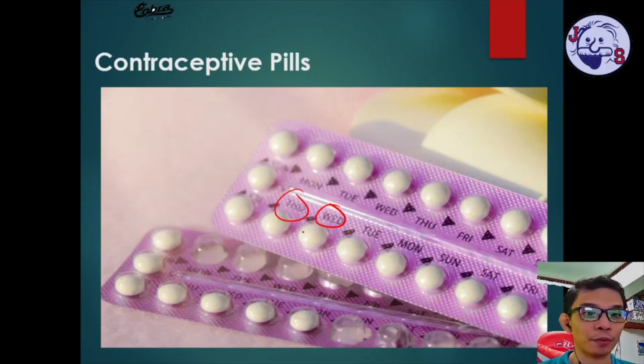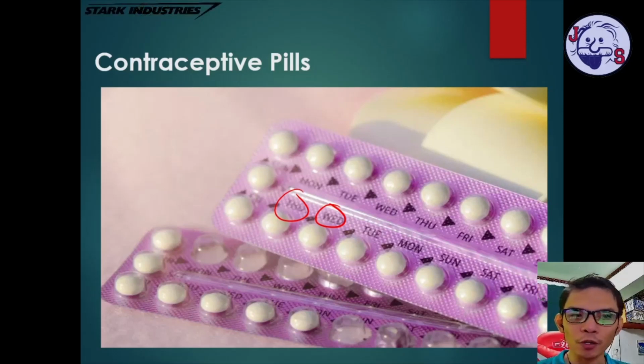They contain hormones needed for successful birth control. Some hormones prevent the secretion of estrogen, and some prevent the secretion of the follicle stimulating hormone, and so on. These are the effects of these contraceptive pills.